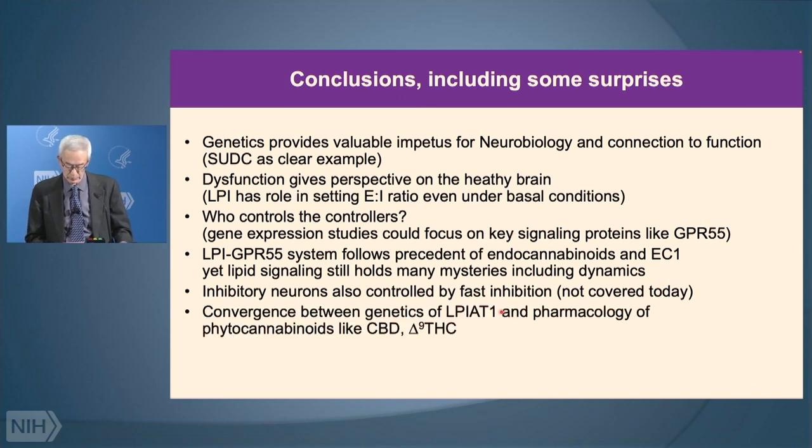There's a convergence between the genetics of LPI and the pharmacology of phytocannabinoids. I gave you a genetic introduction, but actually CBD came about because a child, Charlotte Figi, had intractable seizures and her parents moved to Colorado to get some access to hemp plants that they thought would be viable.